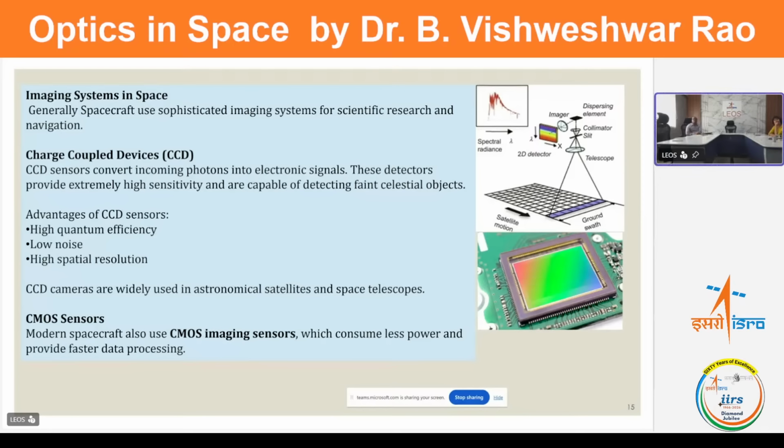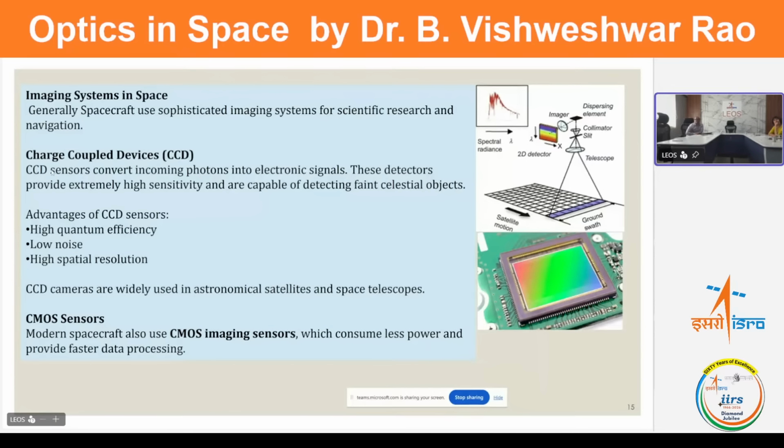Other optical systems which are very much required: general spacecraft use sophisticated imaging systems for scientific research. They are CCDs, and for Earth observations we generally use CCDs and CMOS. CCDs have very small pixel sizes, like 7 microns, 8 microns.